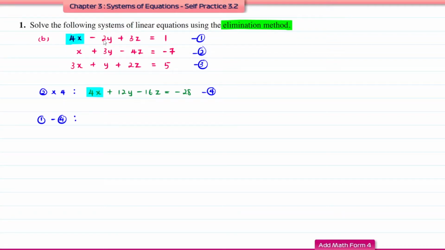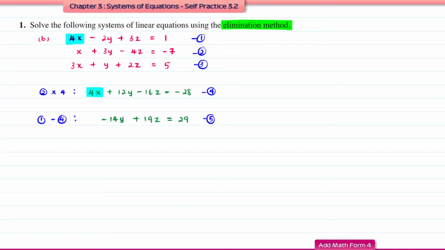Negative 12y minus the positive 12y, we're going to get negative 14y. This positive 3z minus this negative 16z is going to be equal to positive 19z. And 1 minus this negative 28 will be equal to 29. We're going to label this as equation number 5.